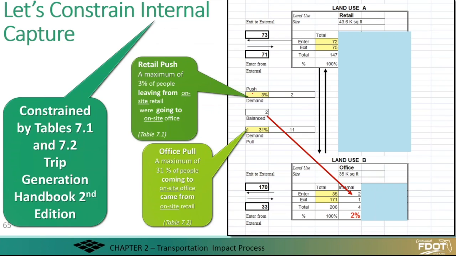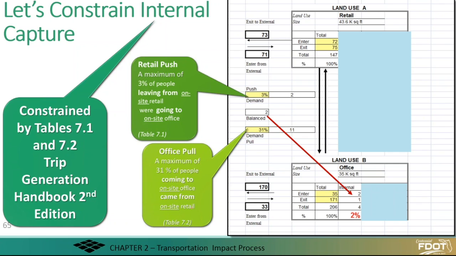So instead of that 100% that you saw before, a maximum of 3% of people leaving on-site retail were going to on-site office according to the studies done. So you put a 3% there. And from table 7.2, a maximum of 31% of people coming to the on-site office came from on-site retail.